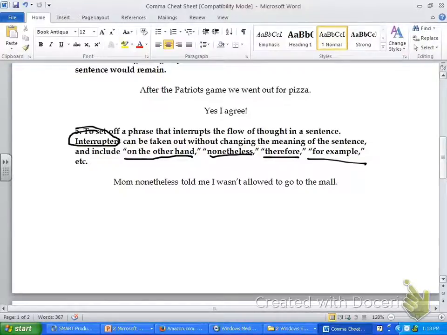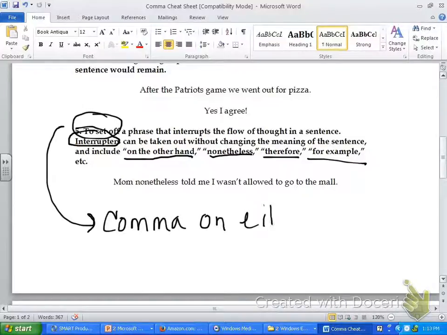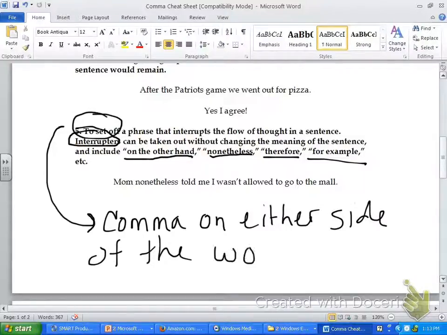Okay, now, anytime you see the words to set off, that's going to mean that if there is an interrupter in the middle of the sentence, we're going to need a comma on either side of the word or phrase.